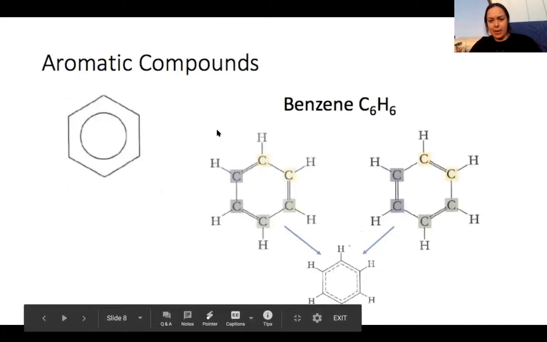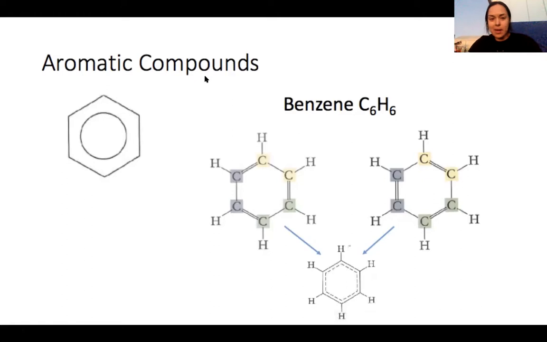Okay, aromatic compounds. Oh, that was fun, huh? So the thing with aromatic compounds is sometimes they're represented like this benzene molecule right here in the middle, where you have alternating double single bonds. And so students might automatically think alkene. But when you have it like this, where the double bonds are alternating, it has some special properties that are much different than alkenes, okay?